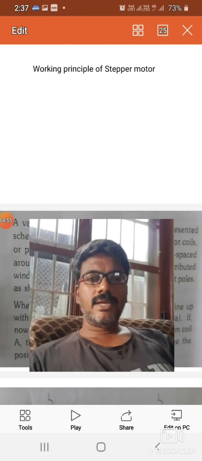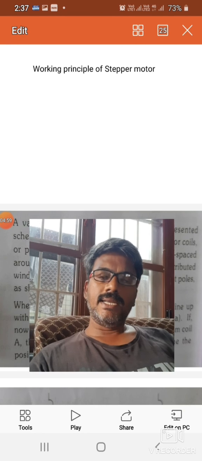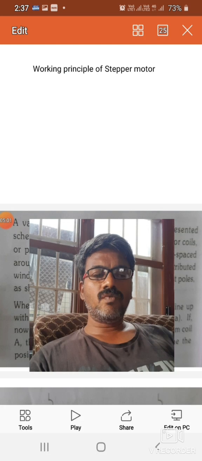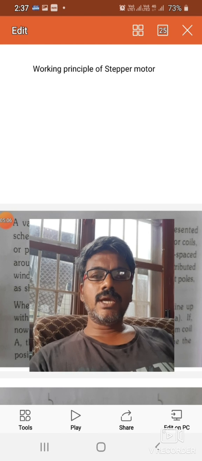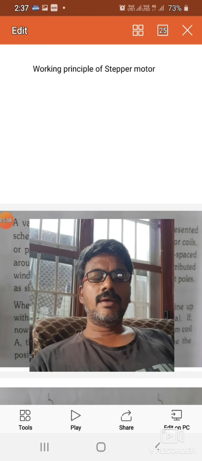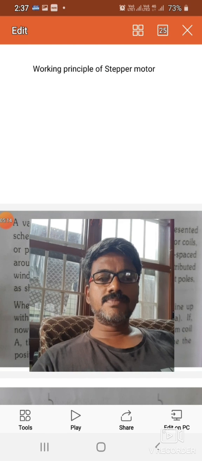So once again I will repeat, a stepper motor is an electromagnetic device designed to convert a series of input power pulses, that is digital, into discrete angular movement, mechanical. This angular movement is a mechanical, discrete angular movement, one for each power pulse.